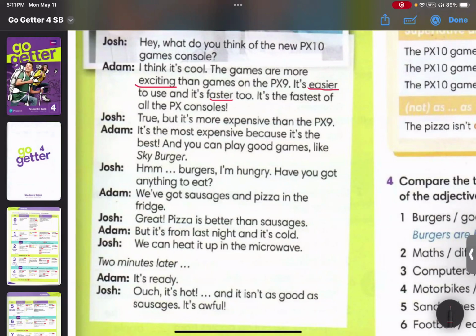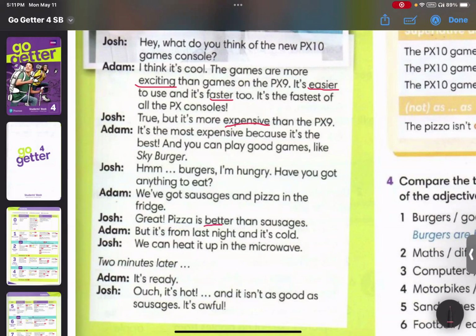Expensive. Better. This one? Better. Where? Burger? Better.